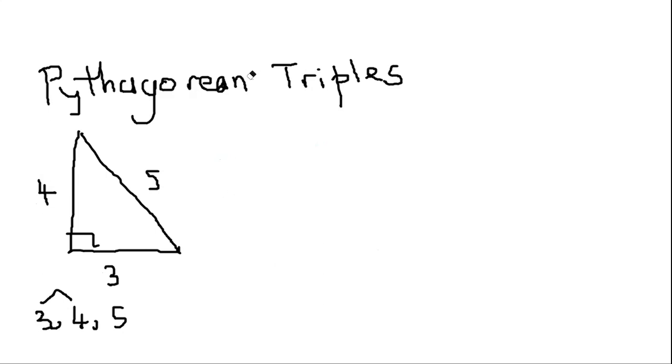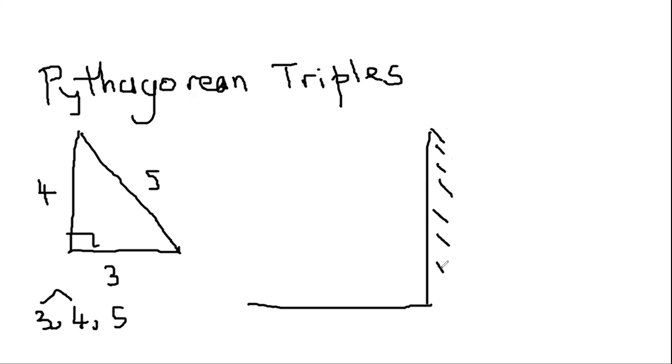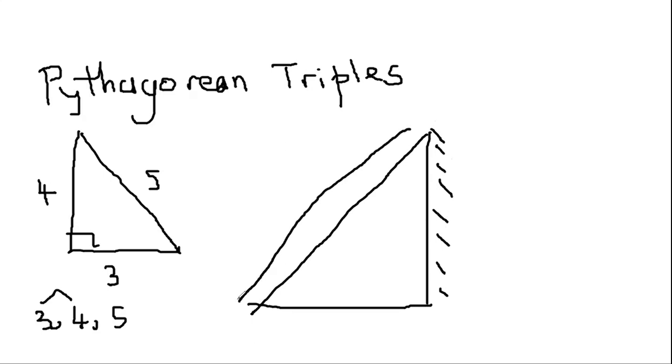Let me give you a set of numbers. Sometimes in multiple choice, there's this question in CXC where they have a wall and the floor, and a ladder leaning against the wall. I don't know if you have ever seen a question like that before.